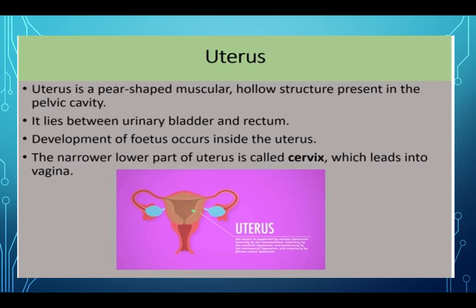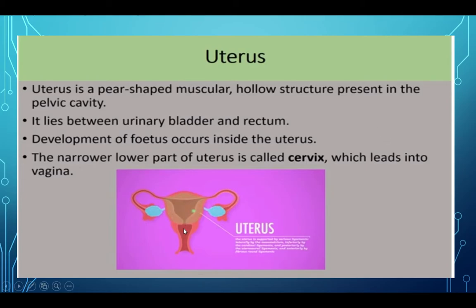You can notice the uterus, it's shown for you. It's pear shaped, right? It lies between the urinary bladder and the rectum.